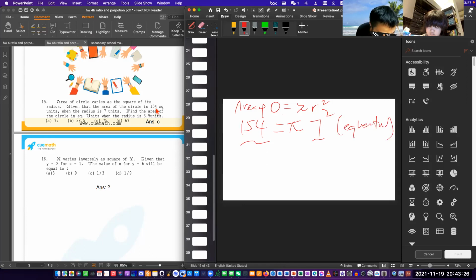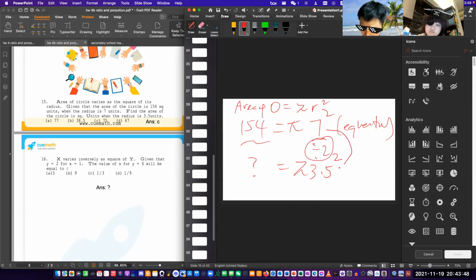Now it says find the area of the circle in units when the radius is 3.5. So now the radius is 3.5. So what do you think? How much will be the area? So that means the radius in this case is half, right?